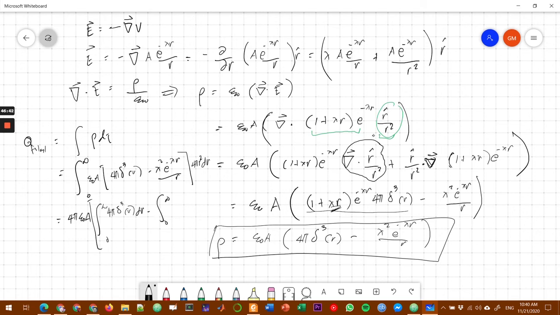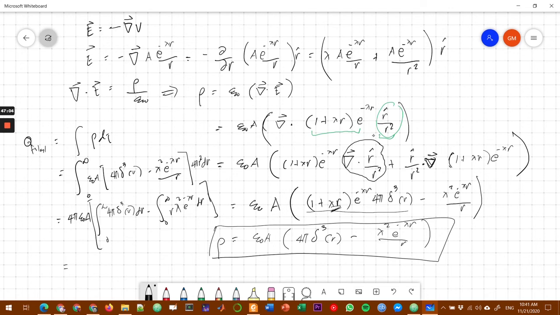When we multiply, the r cancels, so we have r only, lambda squared e to the negative lambda r dr. Okay, so we have this.